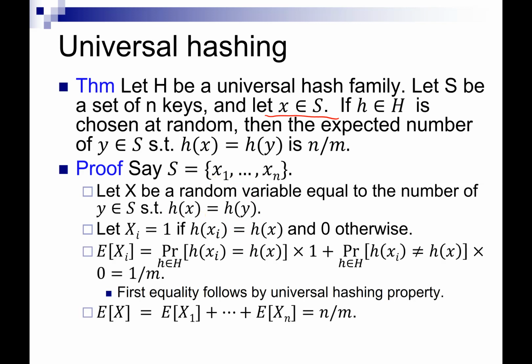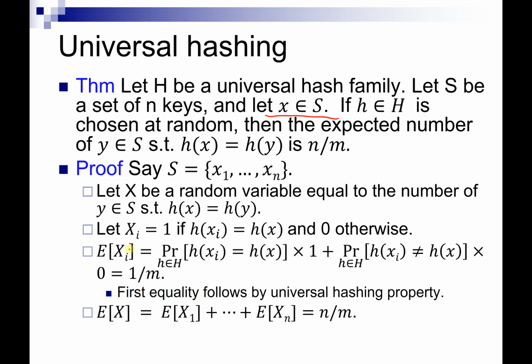Then the expectation of this random variable is just the probability that a random element collides with x. Because this is a universal hash family, we pick a random hash function, and under this hash function, the probability that X_i collides with x is just 1 divided by m.